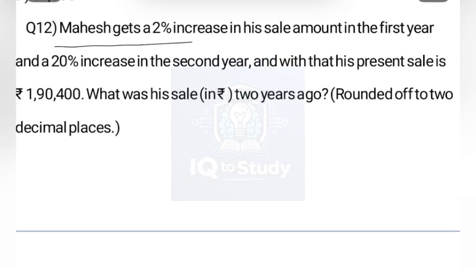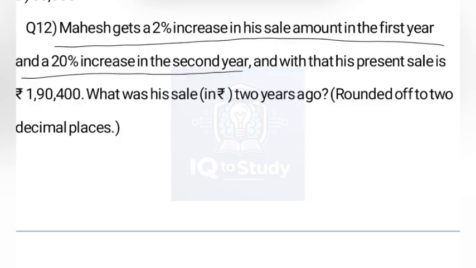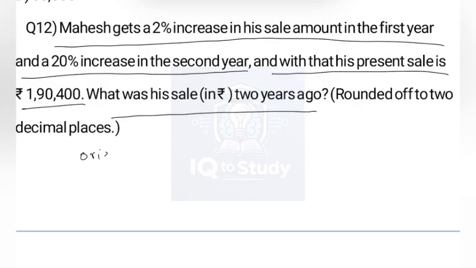Mahesh gets a 2% increase in his sale amount in the first year and a 20% increase in the second year, and with that his present sale is 1,90,400. What was his sale 2 years ago? His sale 2 years ago, let it be considered as original sale.